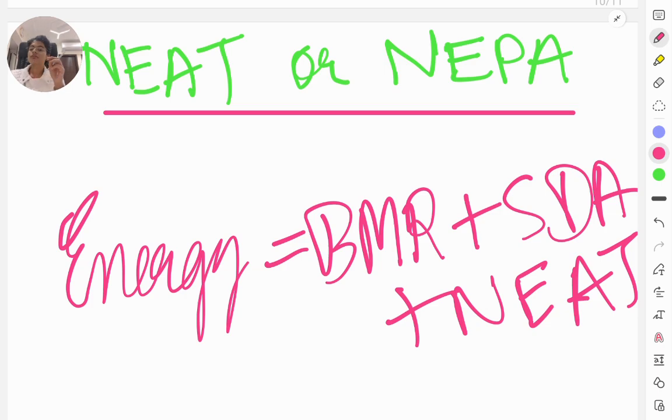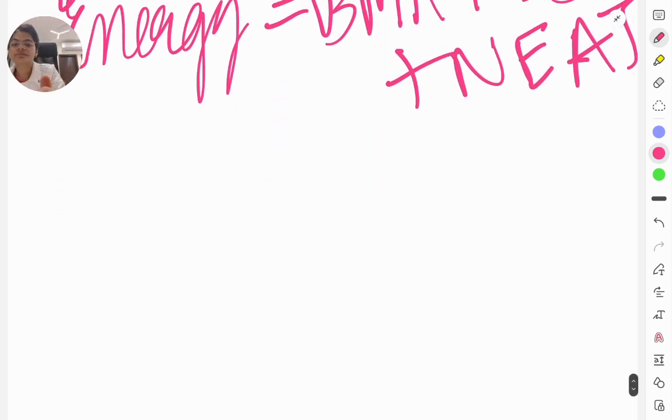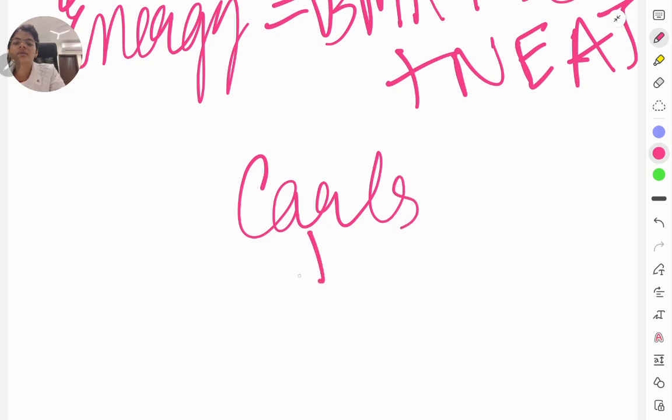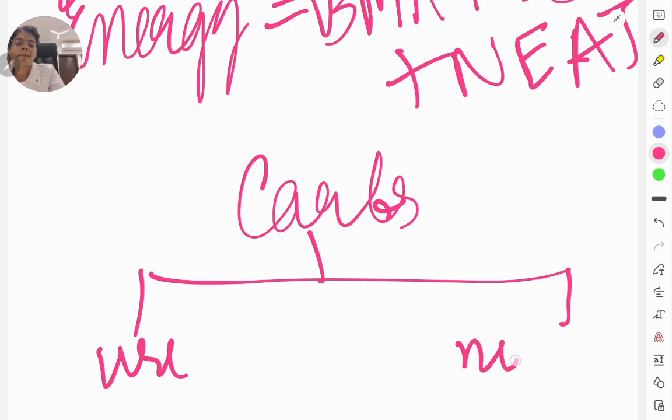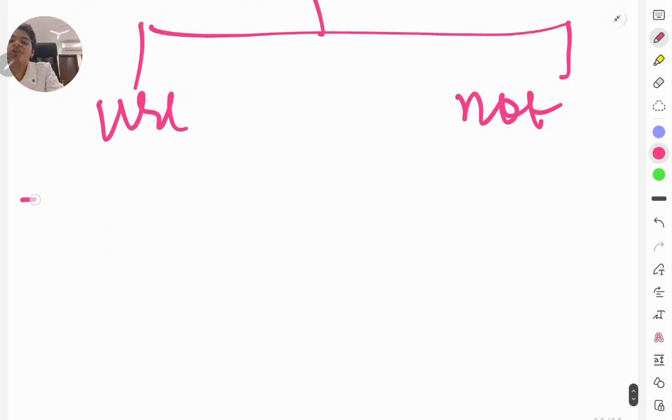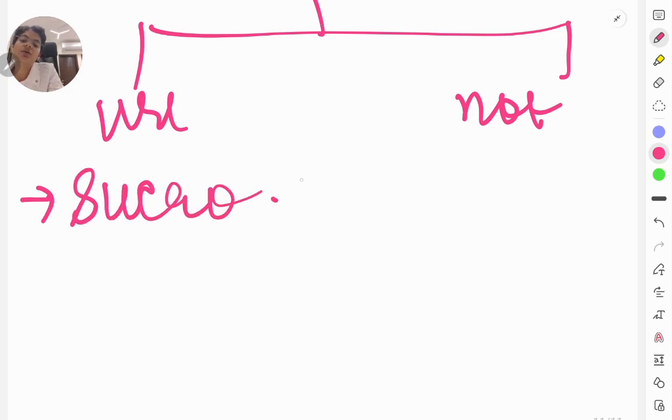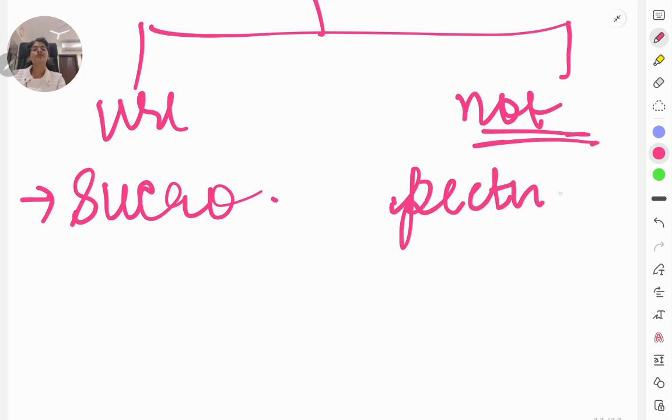The ones utilized are like sucrose, lactose, galactose, or glucose, and many. But those which are not are like pectin, cellulose, hemicellulose, gum, all those. Clear? And among the utilized ones, there is starch also.